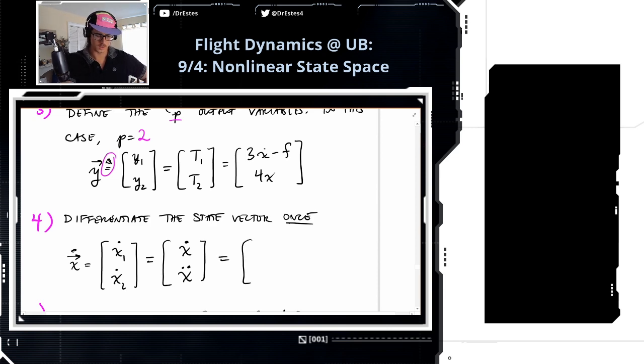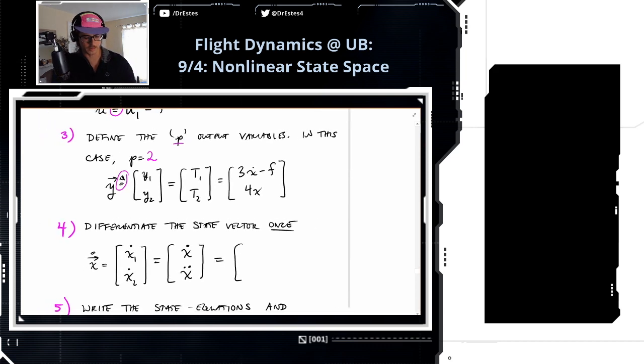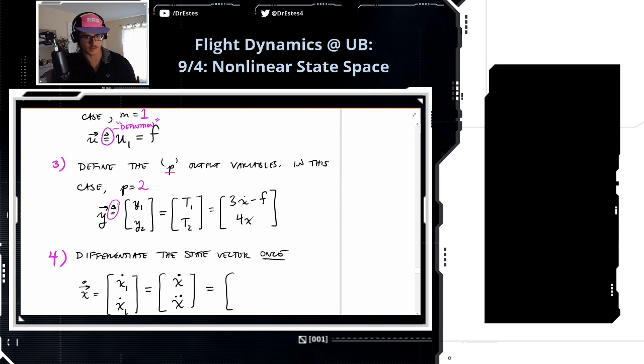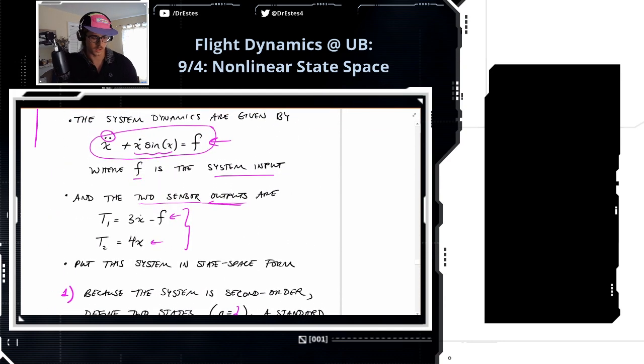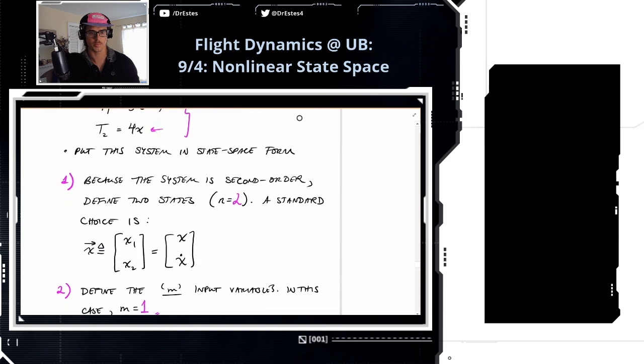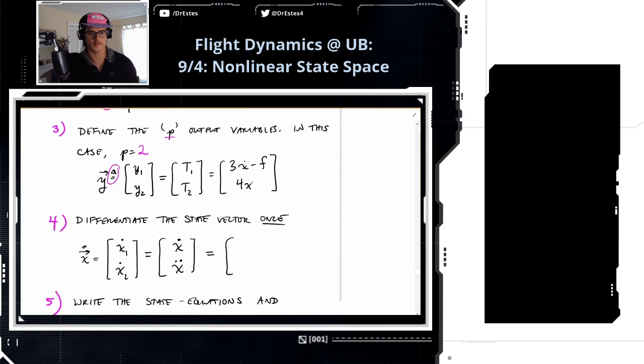And from our equation, we can write more detail about what x double dot is. So I'm going to scroll up. From here, we can see x double dot is minus x dot sine of x plus f. So I'm going to copy it, bring it down here and plug it in.